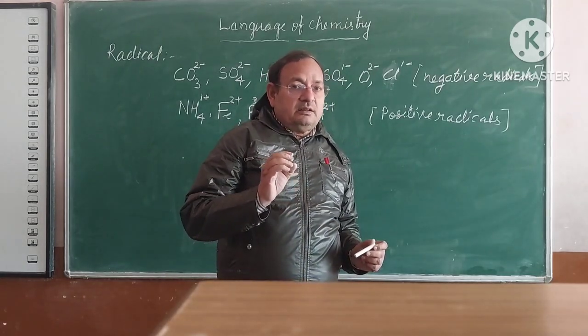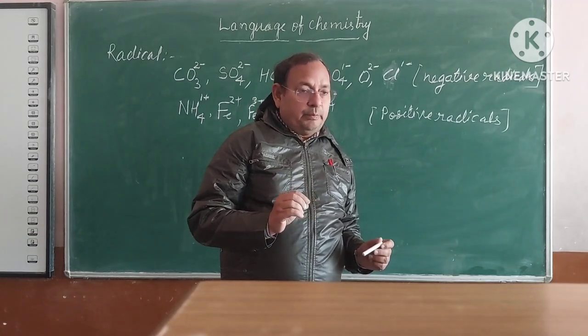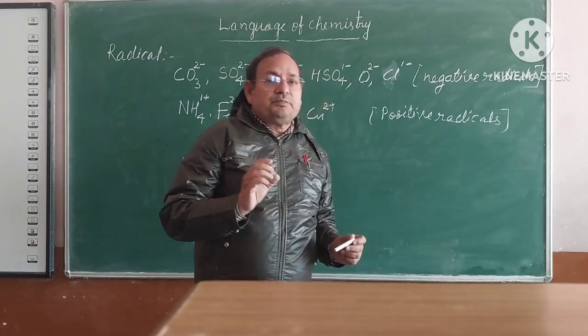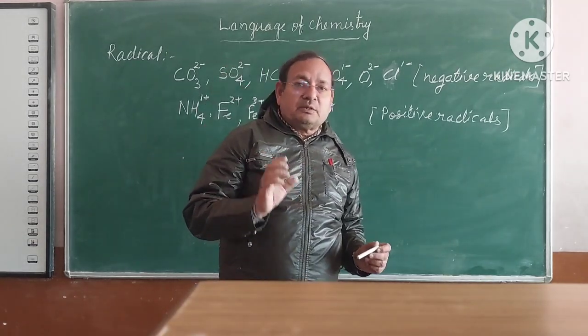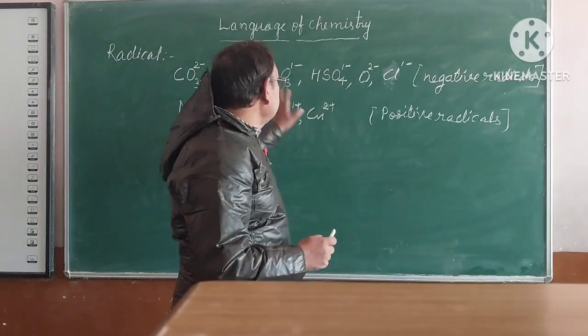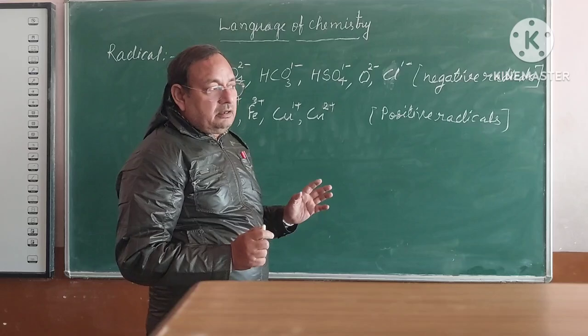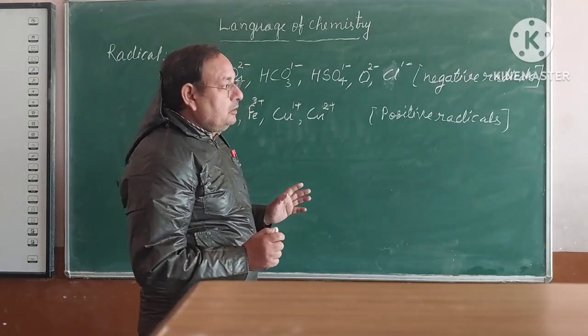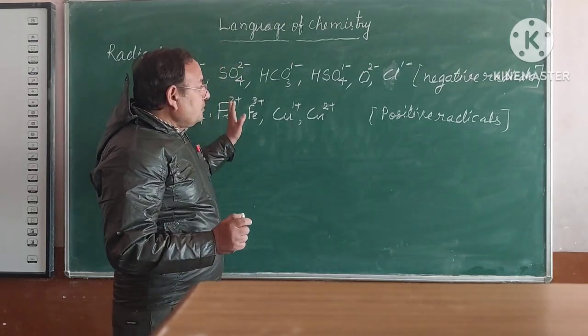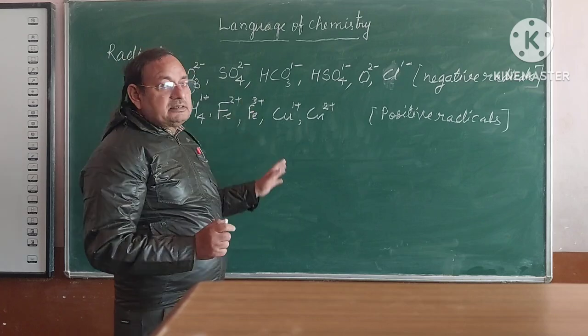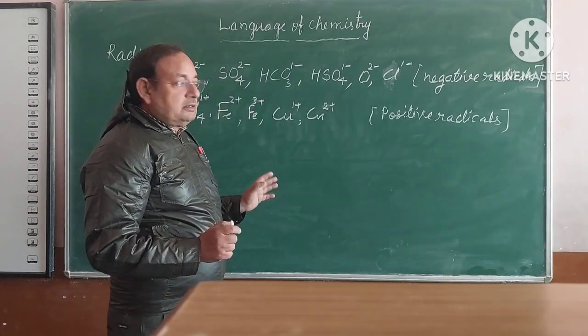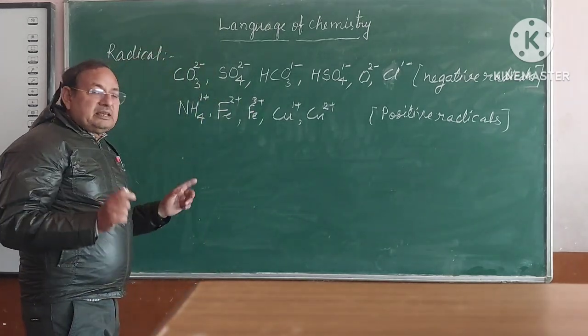Just writing the formula of some compounds by using these radicals. My dear students, all of you know how these radicals are important. I am going to give you examples.